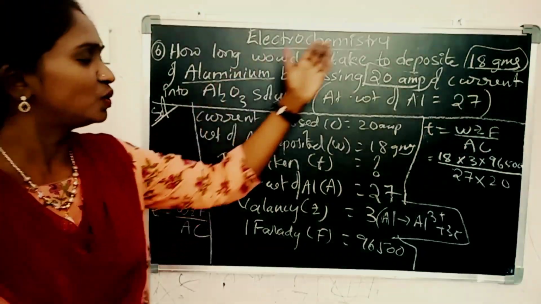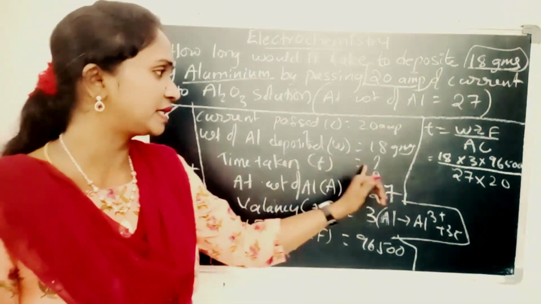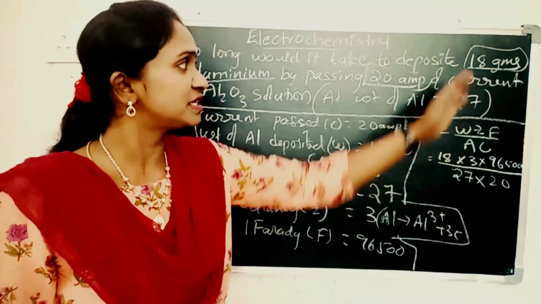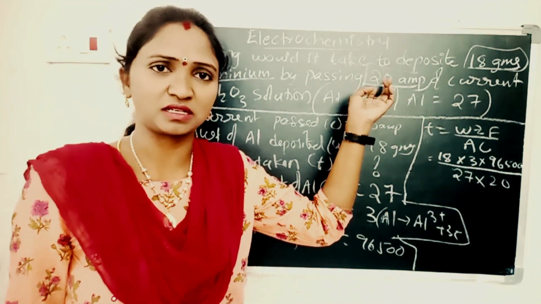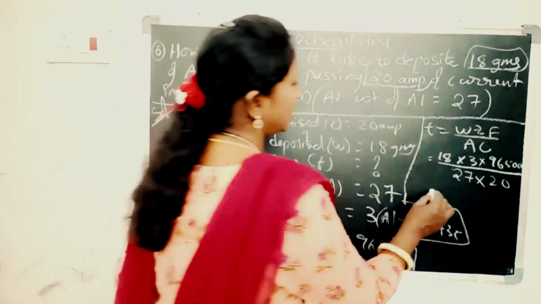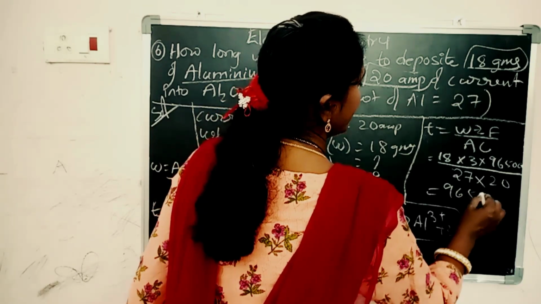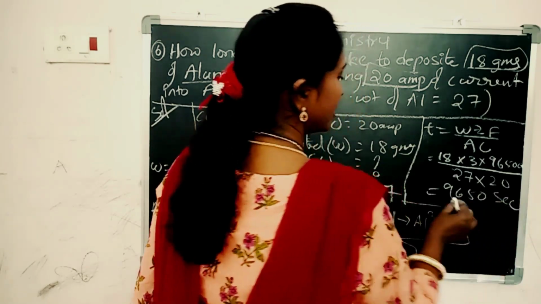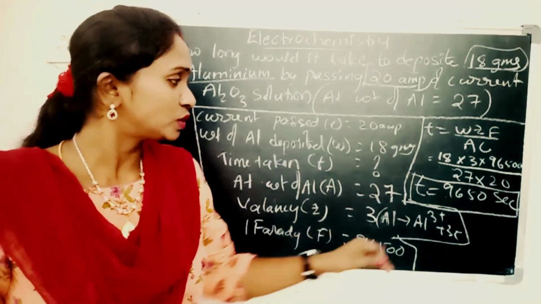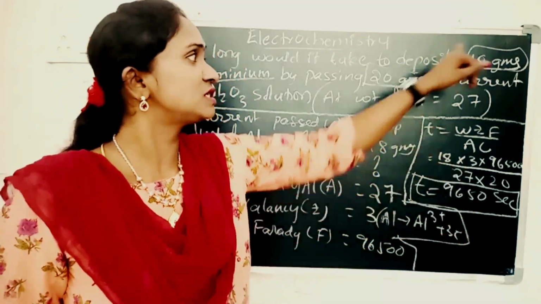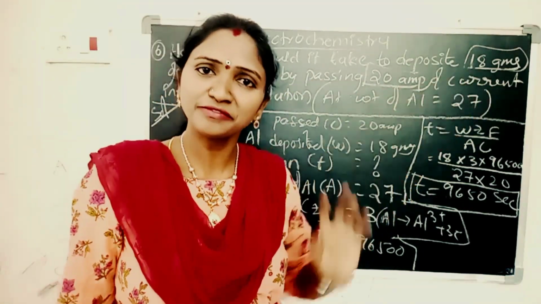In the formula they had given all these things, and we have to calculate the time taken to deposit 18 grams of aluminum by passing 20 amperes of current. After calculating, the time taken is 9,650 seconds.